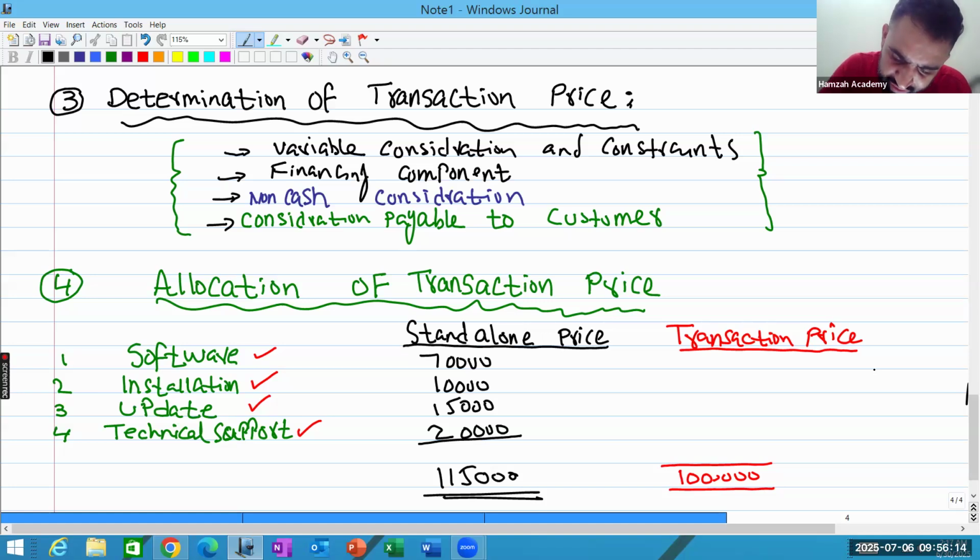So for software, I have $100,000 divided by $115,000 multiplied by $70,000.